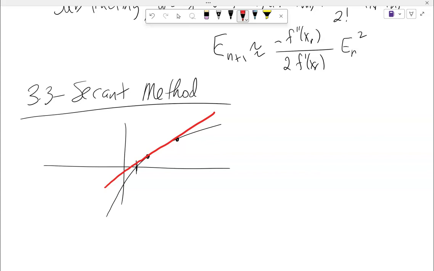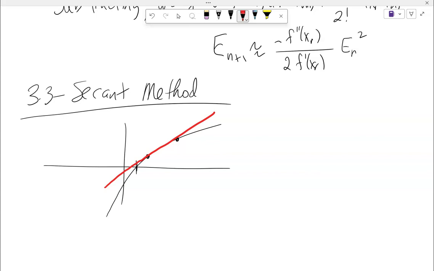That only involves calculating the function at initially 2 values, but when we iterate now, we'll only have to add in 1 new value. Okay? So notice that we don't have to calculate the derivative at all. Right? And again, if your guesses are relatively close together, then the slope of your secant line should be close to the slope of your tangent line. It should be close to the same approximation.